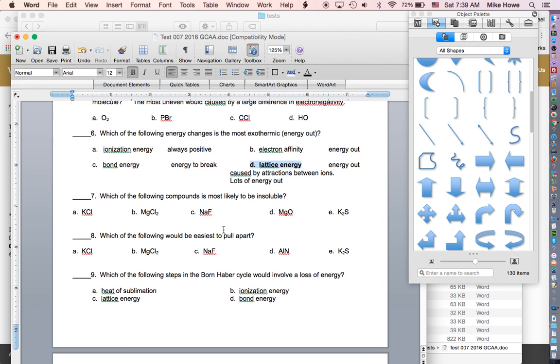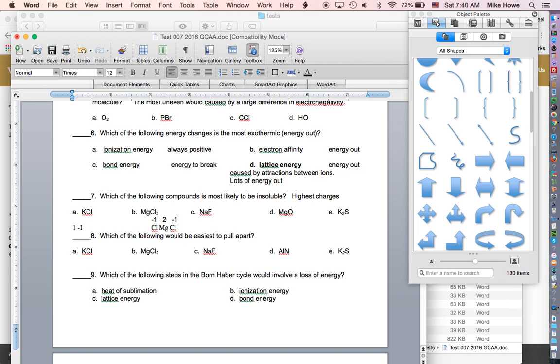Okay, number seven, most likely to be insoluble. That'd be the ones with the highest charge. So if you look at them, KCl is 1 and -1. Magnesium chloride, it would be set up in a crystal like Cl, Mg, Cl. So really you're looking at a charge here of -1, 2, and -1. So really the charge is a 2 to 1.